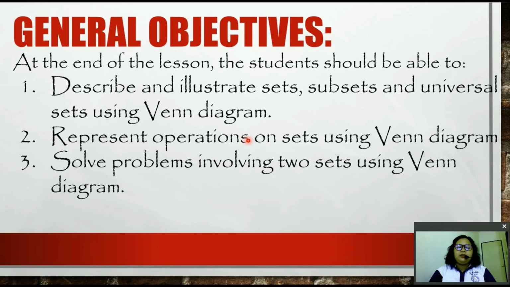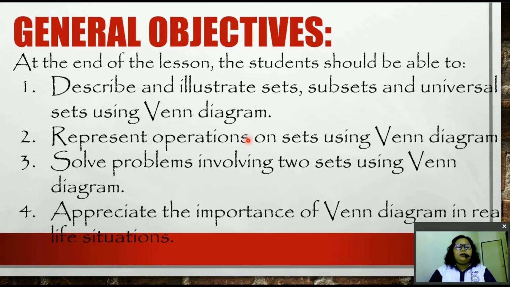Solve problems involving two sets using Venn diagram. And number 4, appreciate the importance of Venn diagram in real-life situations. I hope you will learn all of this at the end of the lesson on Module 3.